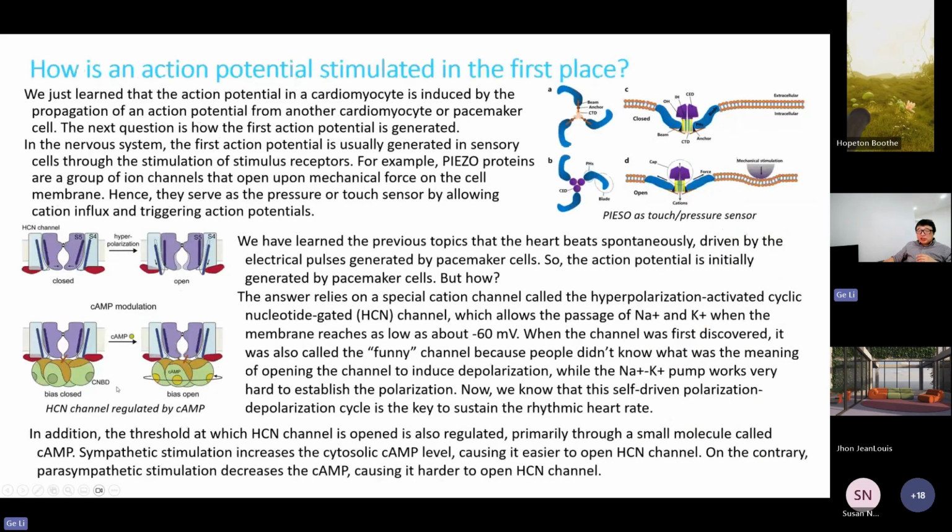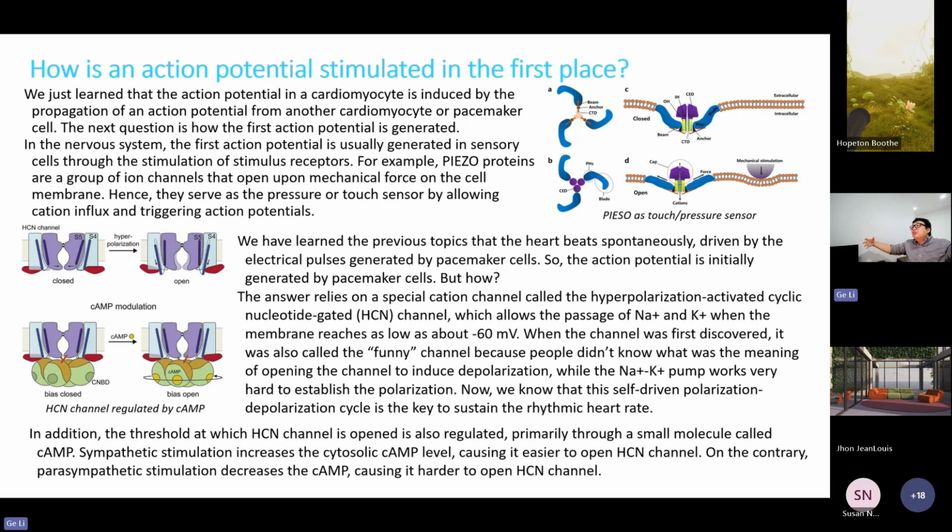So this HCN channel can open, but it's not like some of those ion channels. Probably in your home there's some light that is on and off, with no adjustment. But some lights you can turn brighter, you can turn dimmer. Most other ion channels in the neuron or in the muscle are just on and off. But HCN is tunable. You can make it wider, you can make it narrower.